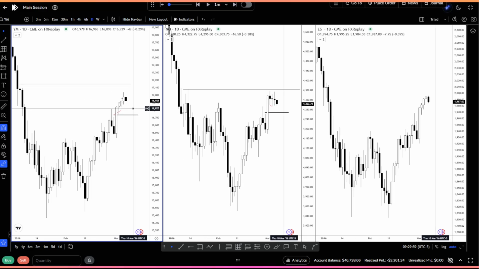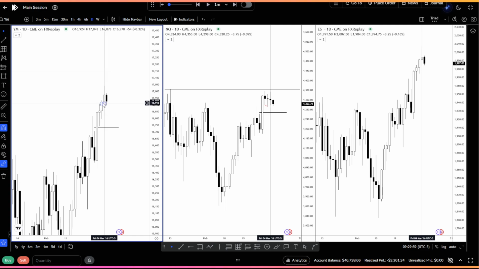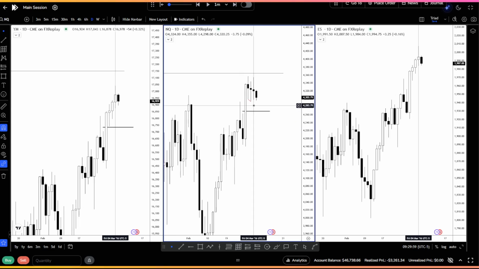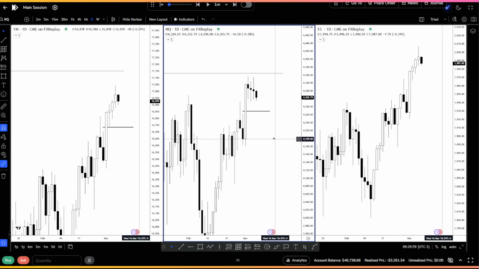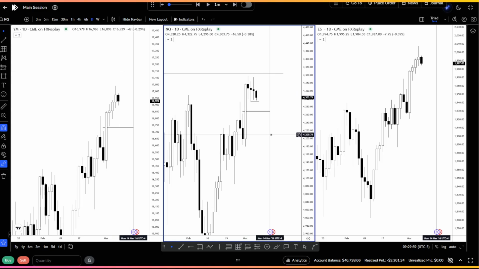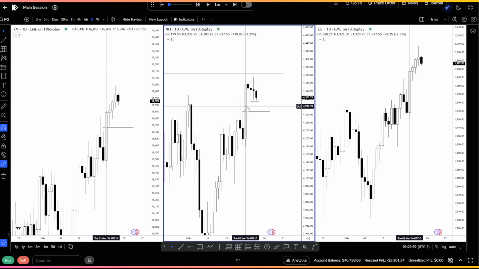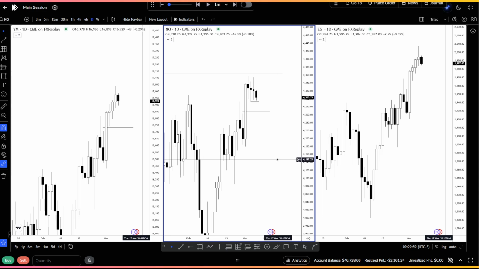Okay, so YM looks really good going to the upside, although NQ is sort of retracing bad. So I want this extreme to go, which is sort of inside the daily and previous week's upper half.